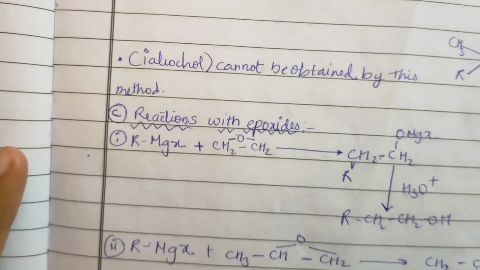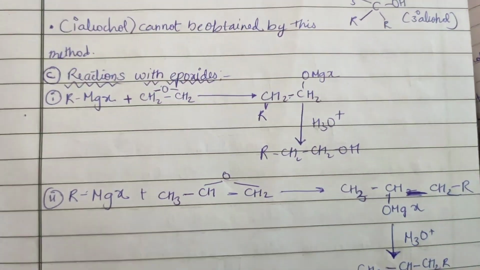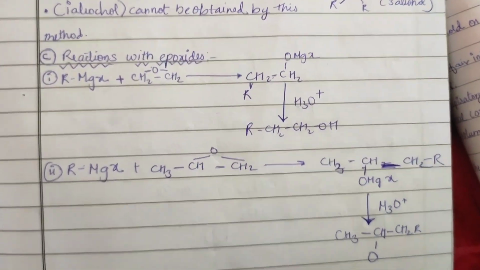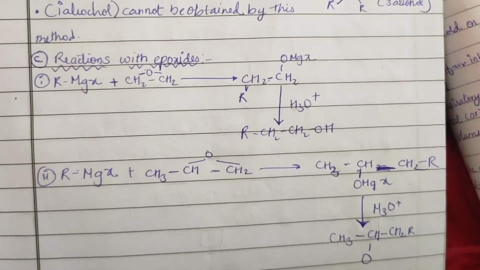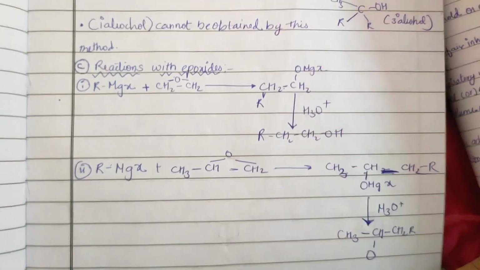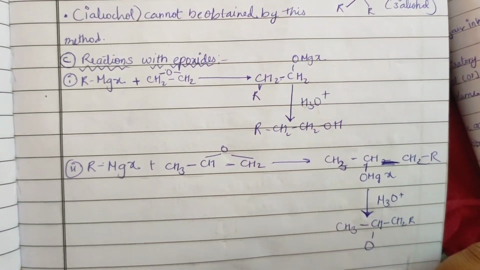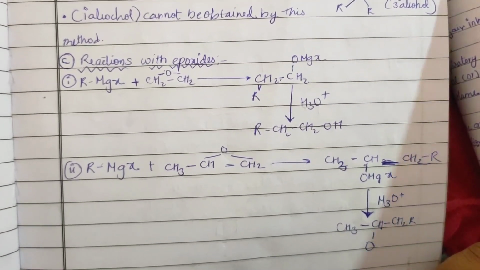Now here you can see reactions with epoxides. With reaction with epoxide, we'll get the alcohol as result in both cases. Here you can see the reactions as given below. Then now let us move to the next page.